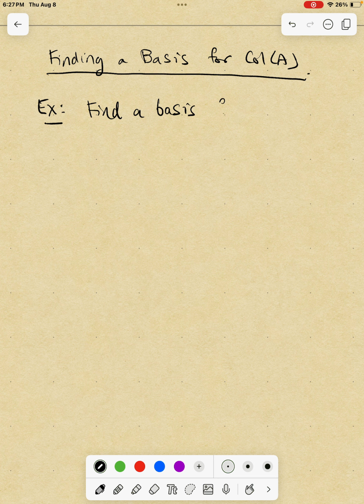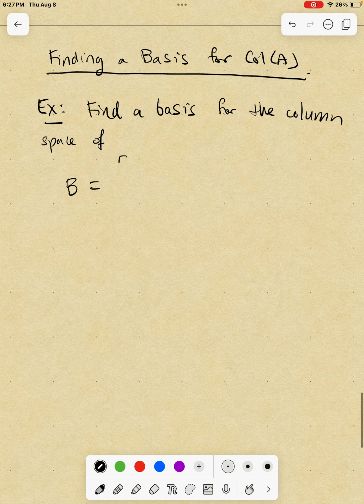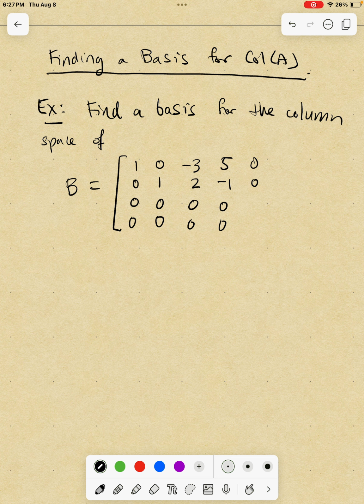Find a basis for the column space of the matrix B, which is this matrix. The columns are (1, 0, 0, 0), (0, 1, 0, 0), (-3, 2, 0, 0), (5, -1, 0, 0), and (0, 0, 1, 0).